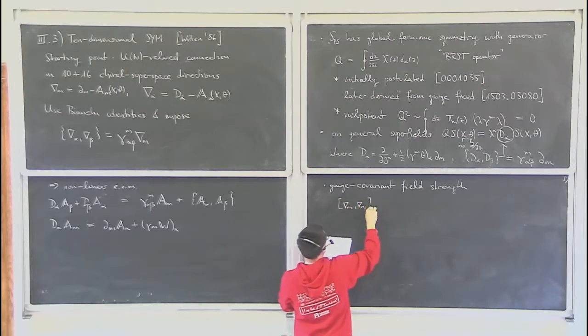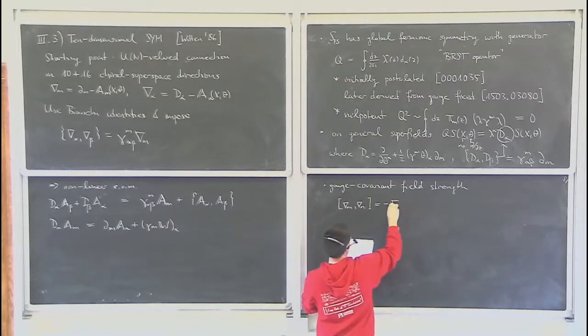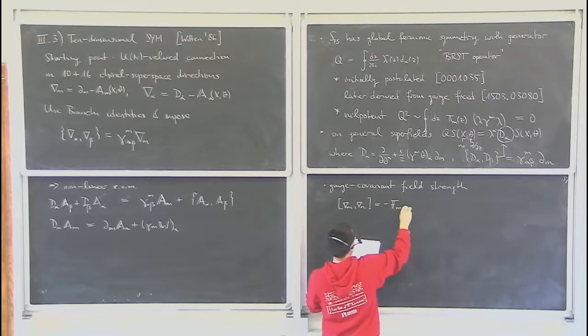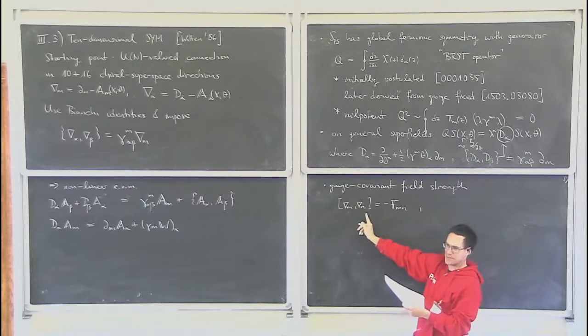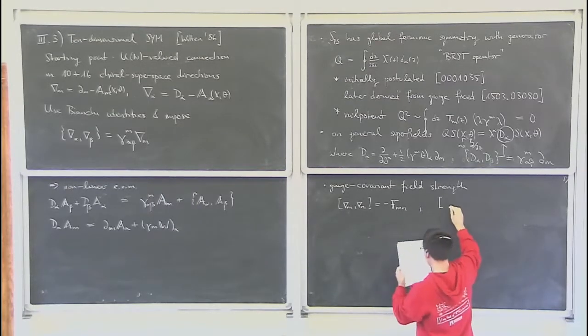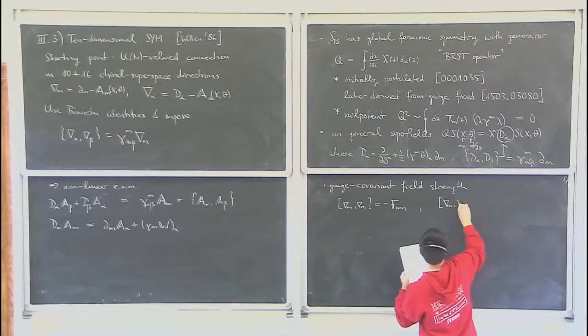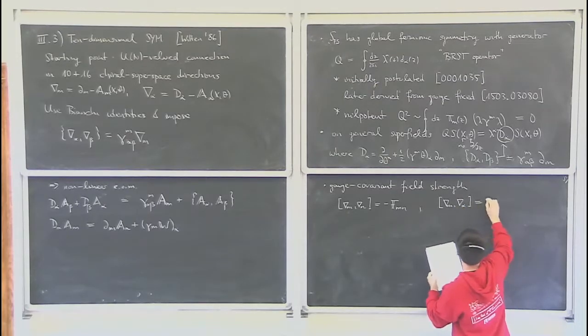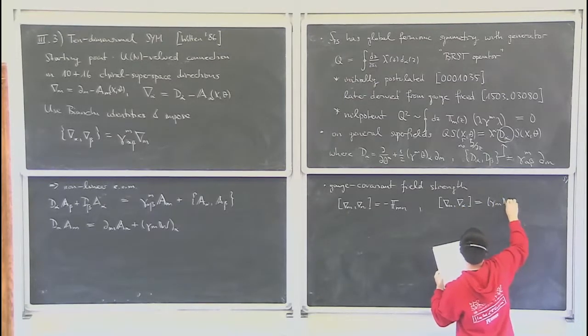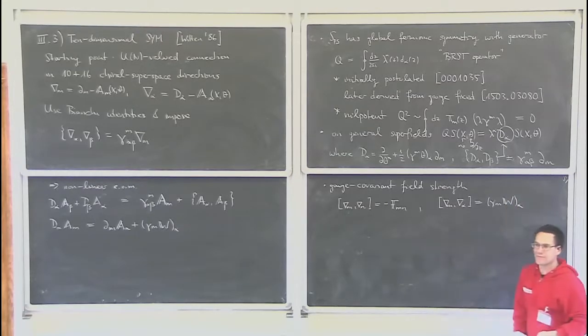The commutators of covariant derivatives are covariant. So this is what you know from Maxwell, the curl with respect to two space-time directions. But also, you could look at a curl with respect to a mixture of directions, a bosonic and a fermionic direction. And this is the definition of this W field.